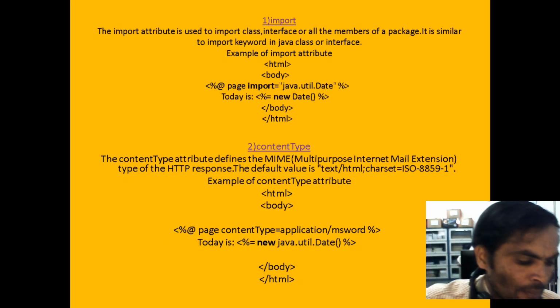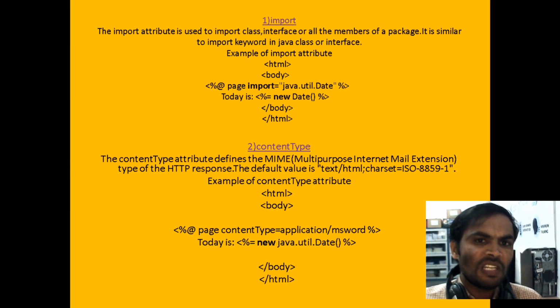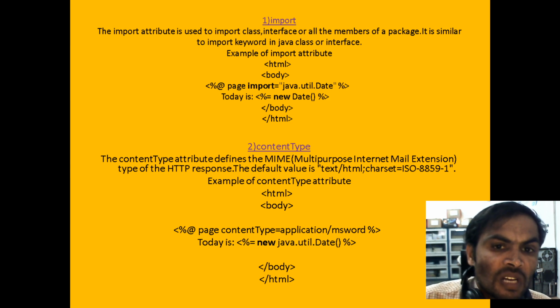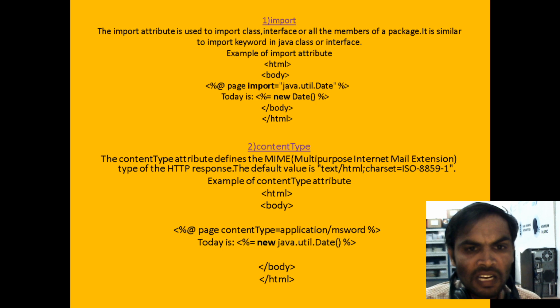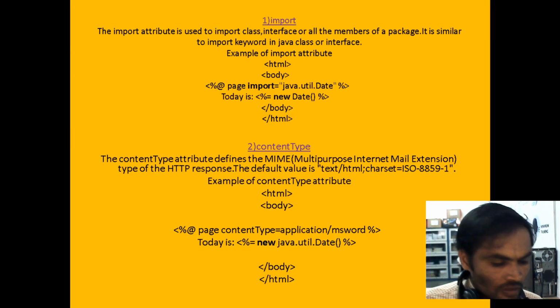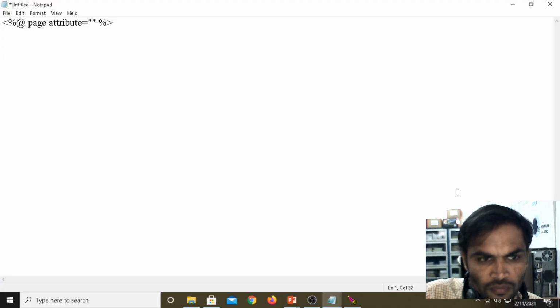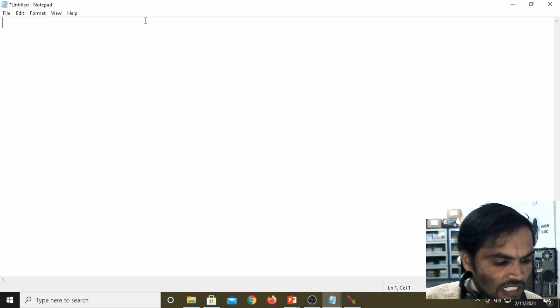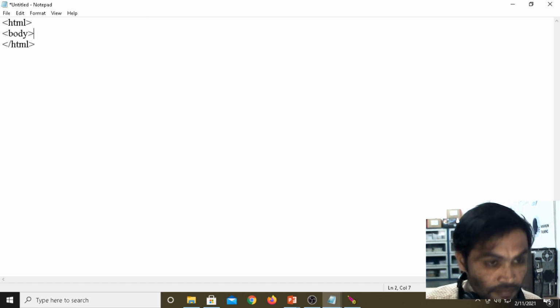Now let us see a simple example for the page directive. I want to display the output, current date and time. I am writing a simple program. For the page directive I am writing the example: HTML, closing HTML, then body, closing body tag.